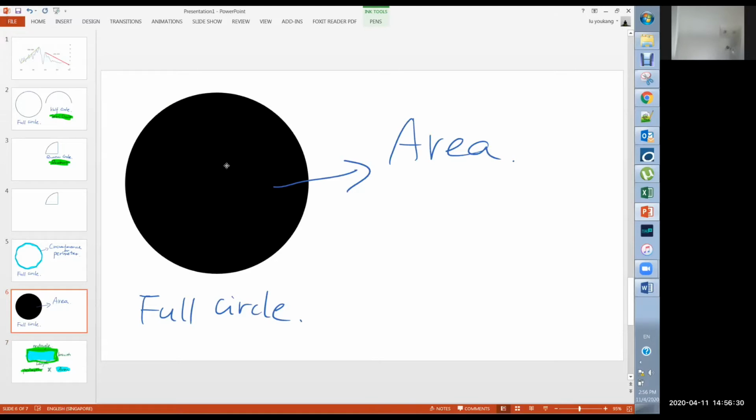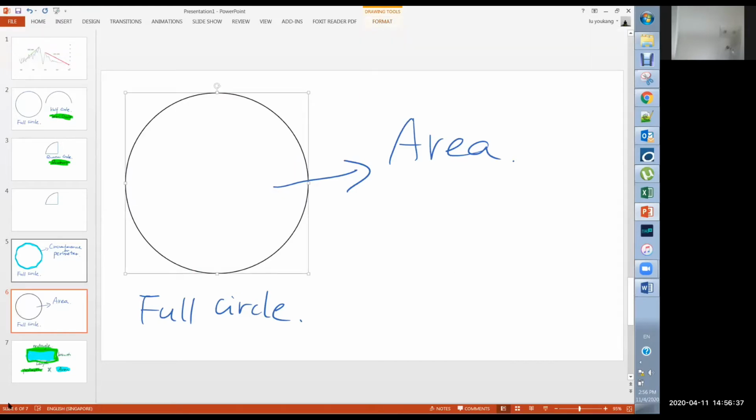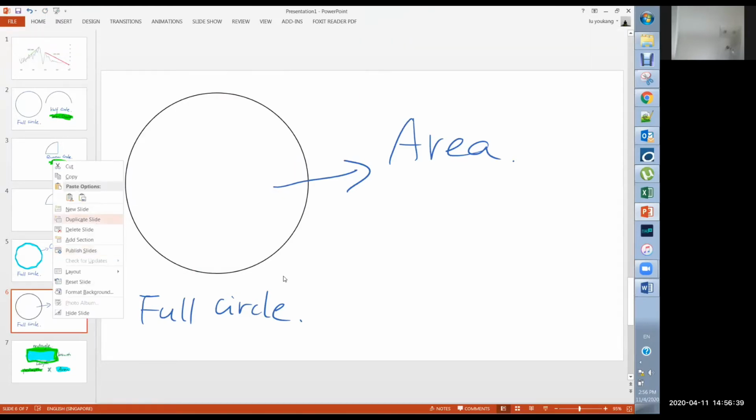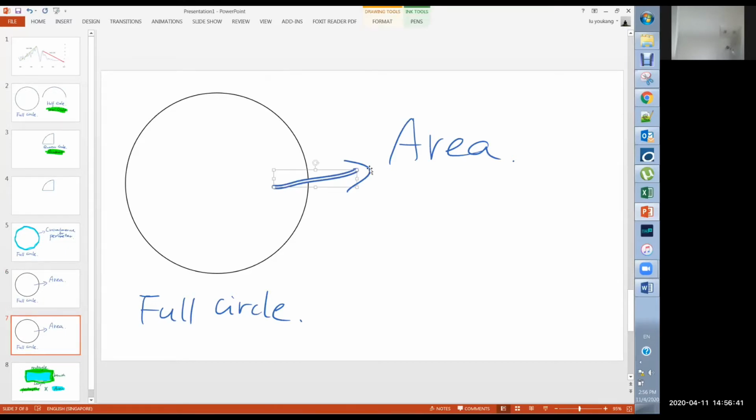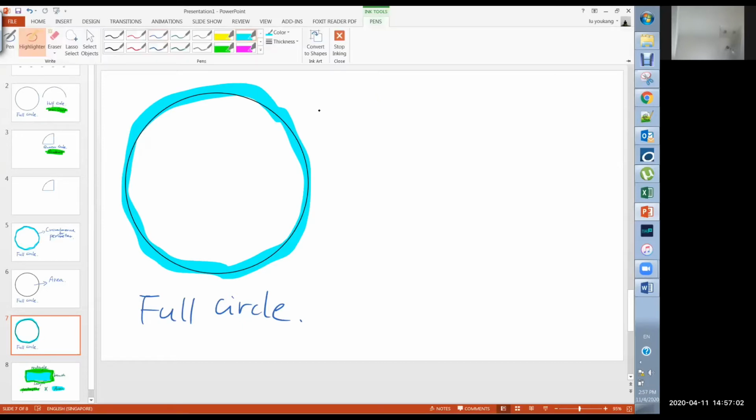Similarly, for the circle, which one is the perimeter? Show me. Yes, very good. So I'm going to highlight it. So this is your perimeter.